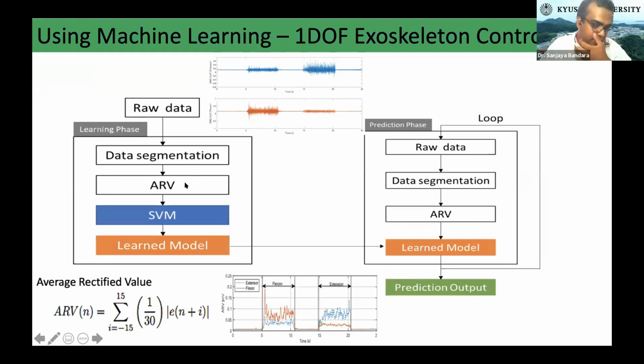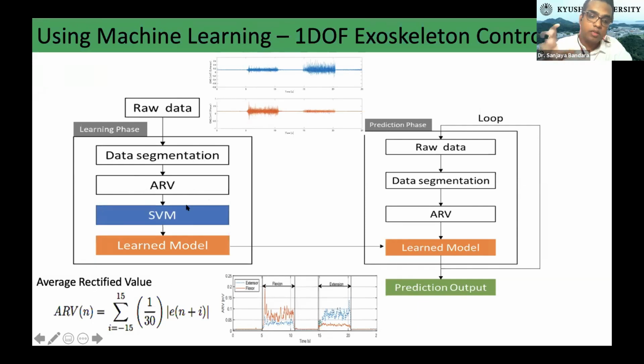As I mentioned earlier, we have 4 steps: EMG acquisition and data segmentation. As I remember, we have 60 millisecond windows for data segmentation, and then we derive the time series information using average rectified value, ARV.